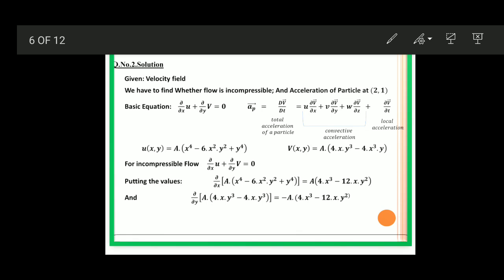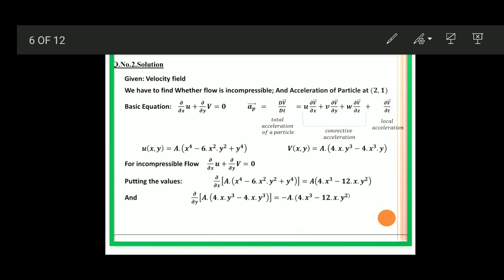u x y equal to a into x to the power 4 minus 6 x square y square plus y to the power 4. As we know, the question is about incompressible flow, so del x u plus del y v equal to 0. Putting the values, del x of a into x to the power 4 minus 6 x square y square plus y to the power 4 equals a into 4x cube minus 12 x y square.